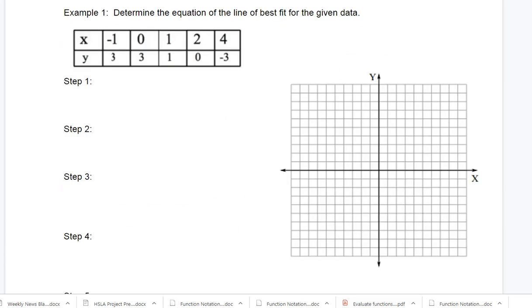Okay, so example 1: determine the equation of the line of best fit for the given data. So our first step is going to be to open desmos.com. We're going to open a table and enter the data.